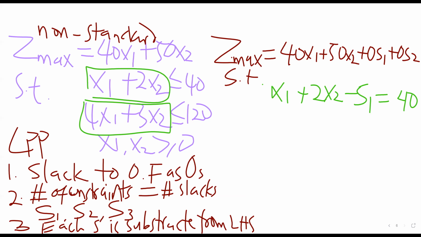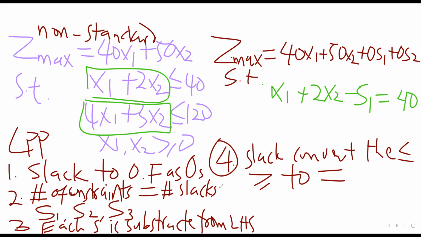So let me write the fourth point: the slacks convert the inequalities to equalities. That's all. The third point was that each slack is subtracted from the left-hand side of the constraint. And the fourth point is that the slacks convert the inequalities to equalities.